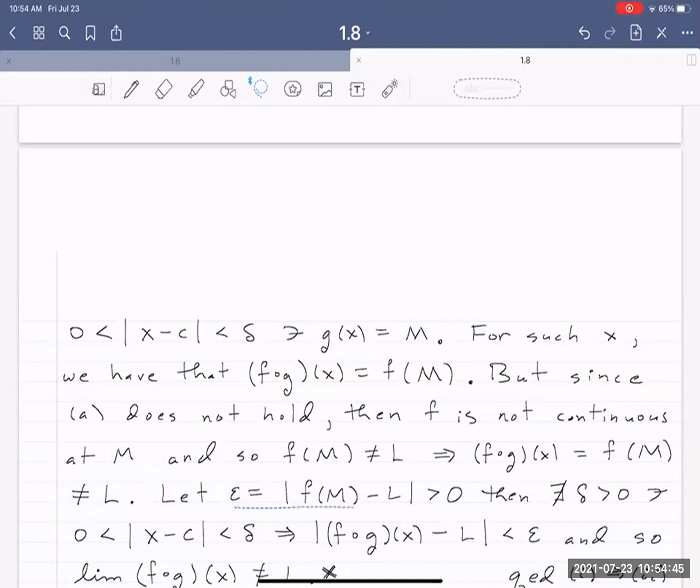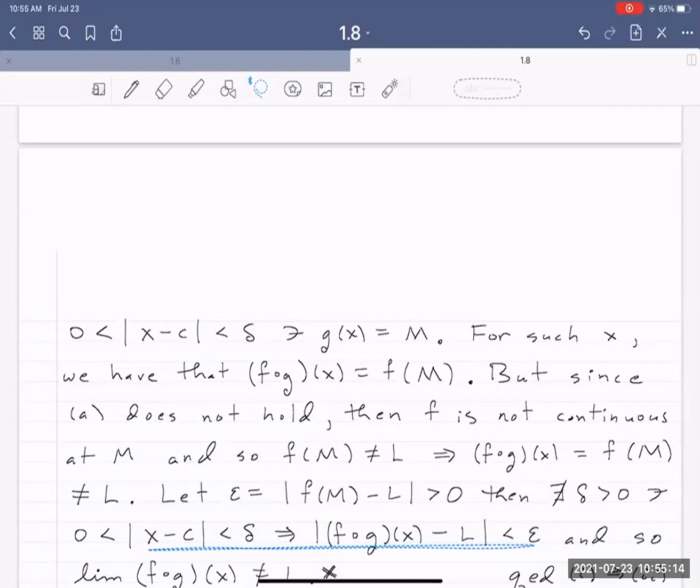Since epsilon, which is f of m minus L in absolute value, is greater than 0, then there does not exist a delta greater than 0 such that x minus c in absolute value between 0 and delta implies that f composed of g at x minus L in absolute value is less than epsilon.